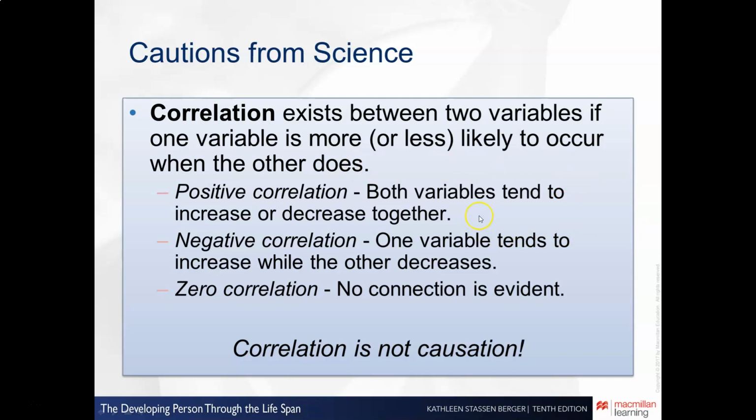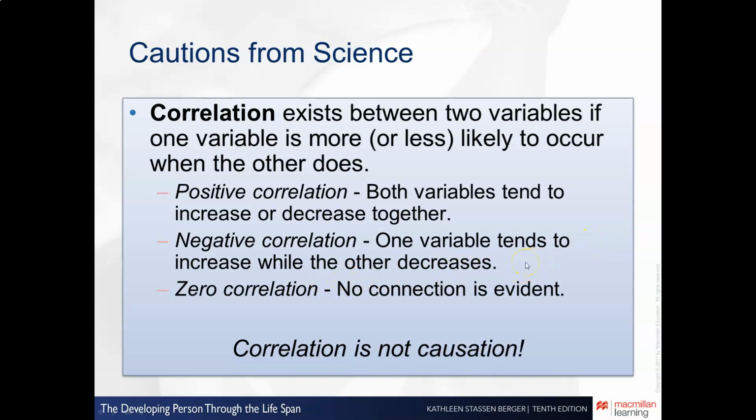Just real briefly before we move on, a positive correlation just means that both variables increase or decrease together. For instance, a positive correlation may be study time and GPA. As study time increases, GPA increases. Whereas a negative correlation is when one variable tends to increase while the other decreases.